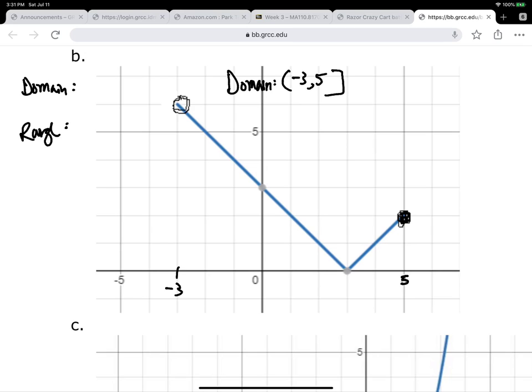As far as range goes, again, how high does it go? How low does it go? The lowest point for this graph is at 0. The highest point for this graph is at 1, 2, 3, 4, 5, 6.